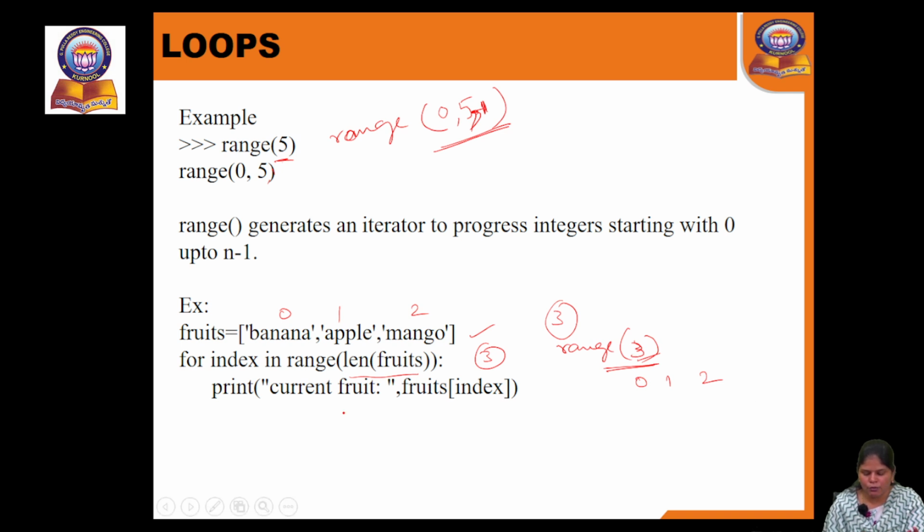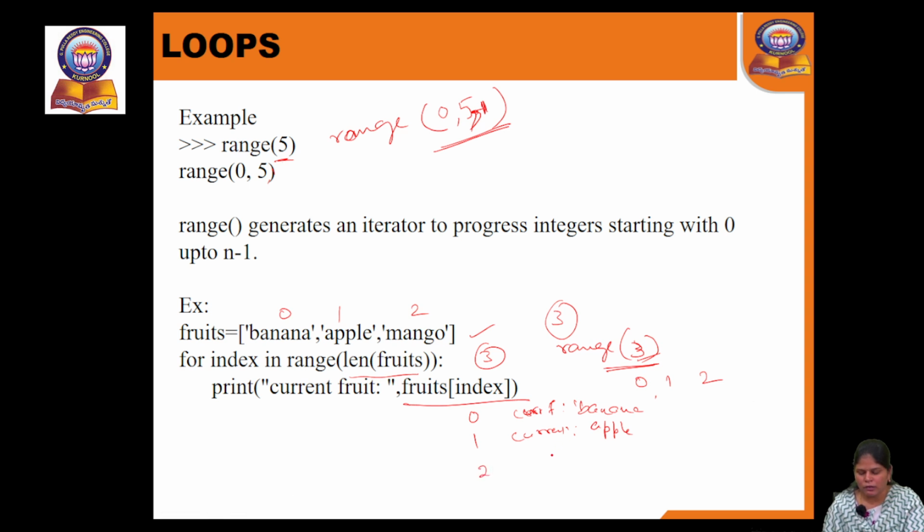Print current fruit of index. Initially the index value will be 0, fruits of index, so banana will be printed: current fruit, banana. Next it will print current fruit, apple, as the index value will be 1.